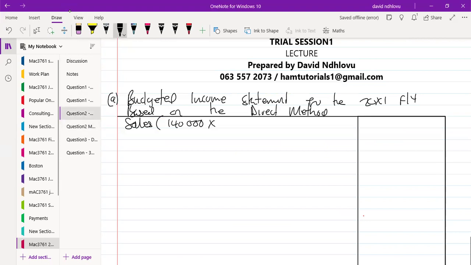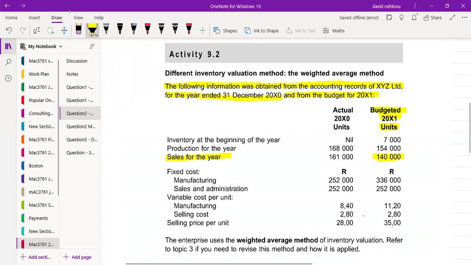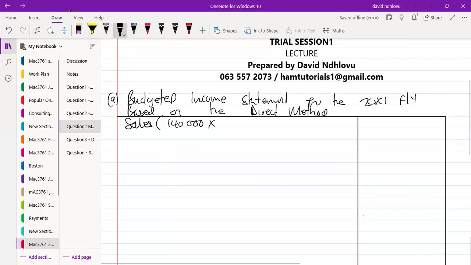This we need to multiply by the selling price. The selling price per unit was 35. So it's your quantity sold multiplied by the selling price. So 140,000 by 35, then we are going to have 4.9 million.